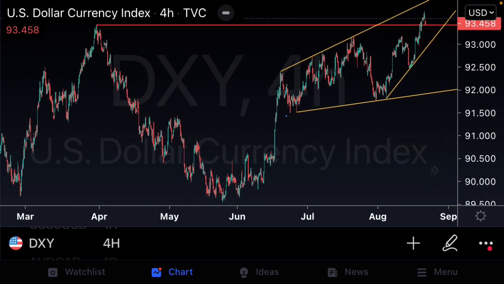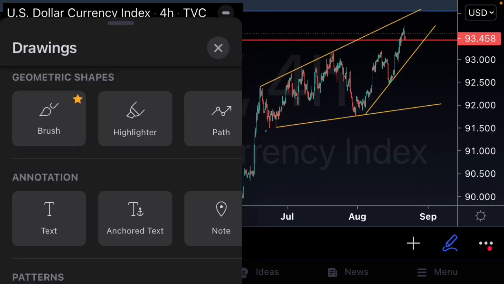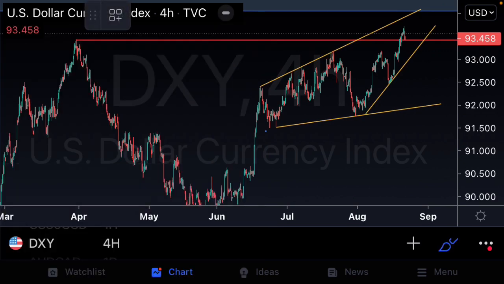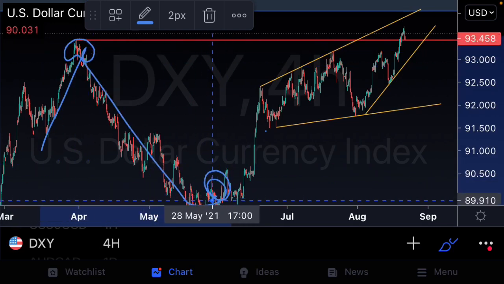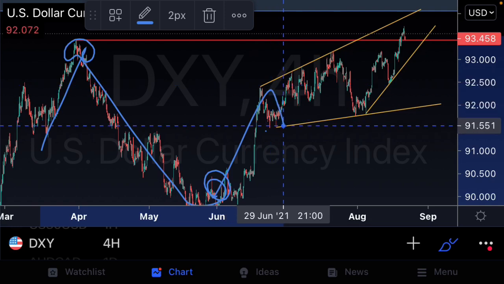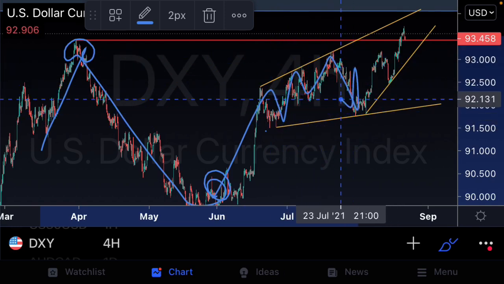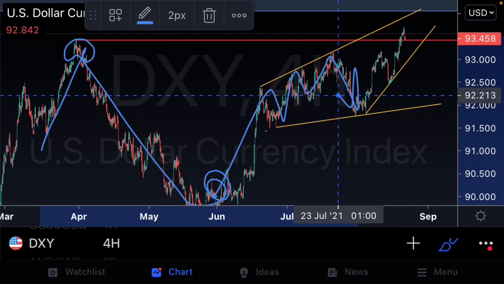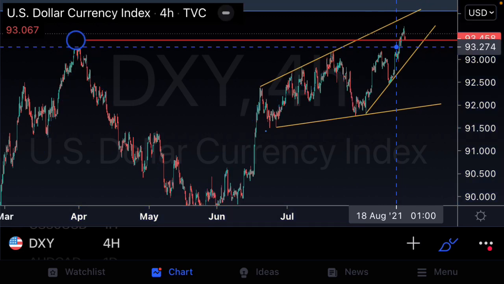Now when we come into our most recent price action, guys, what we can see is, if we just have a look at structure quickly, we have these extreme highs over here, we have these extreme lows. We then see prices coming up and then starting to ascend. We see some momentum to the downside, violating some support structures, and then we see prices begin to push to the upside and violate some resistance areas.